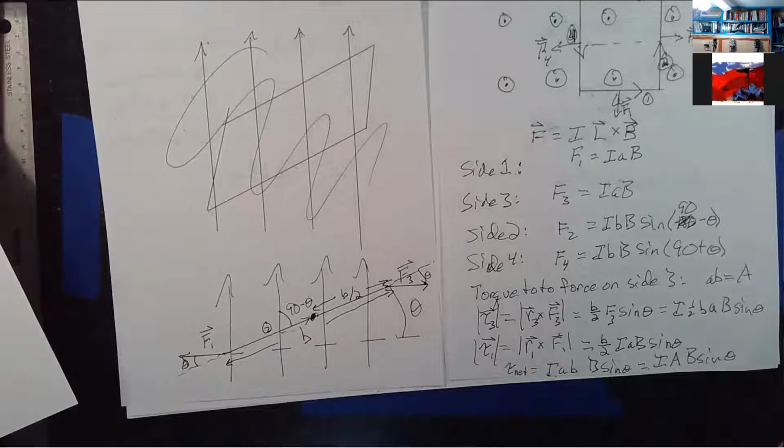That's the expression for our net torque, and it turns out we would get the same net torque anytime we have a plane loop in a uniform magnetic field.